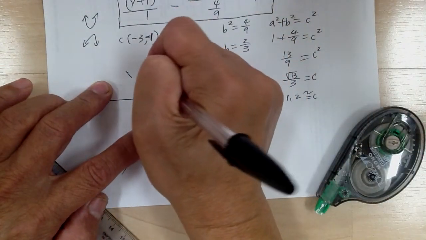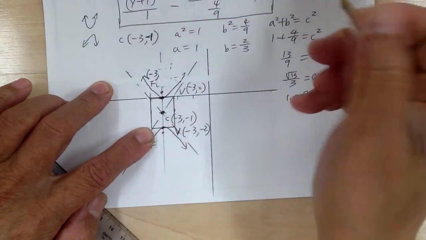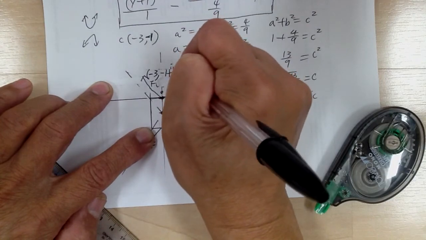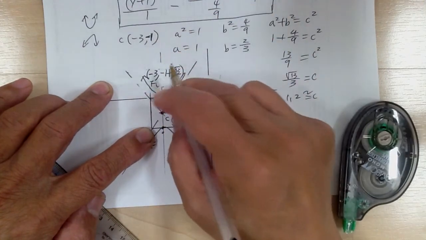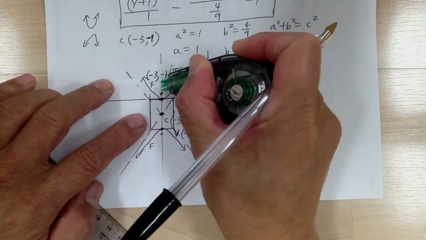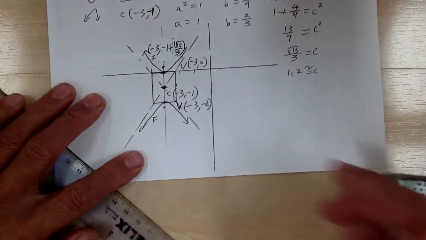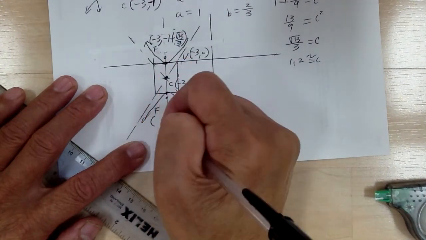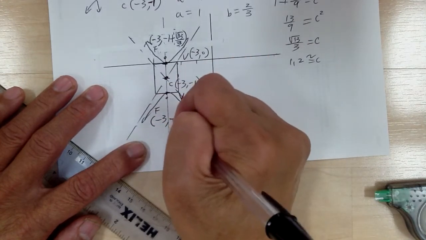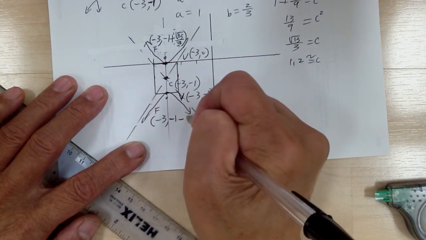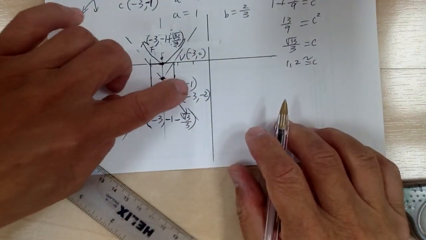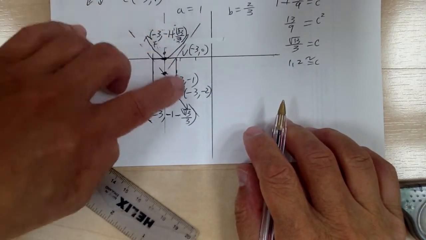Okay, so it's going to be negative 3, comma, negative 1 plus square root of 13 over 3. Okay. So this graph is kind of small, so it's kind of hard to write. Okay, and this one you're going to get negative 3, comma. Okay, again, when you go down, you have to subtract, so it'll be negative 1 minus square root of 13 over 3. Okay, again, you start with negative 1, you go up, you add, you go down, you subtract.